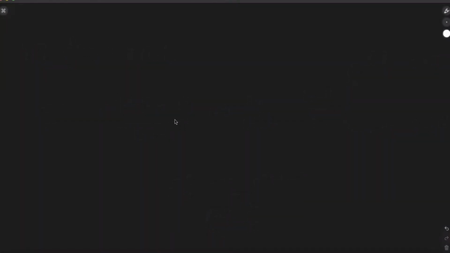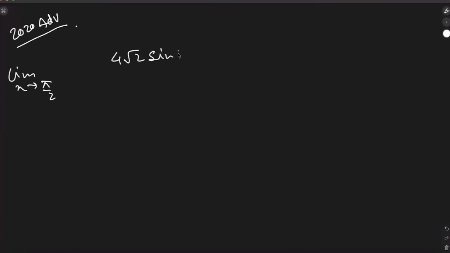And +4 in JEE Advanced. Okay. So moving onward, this is the question from 2020 Advanced. So limit x tending to, it is a lengthy question. In the numerator we have 4 root 2 times sine 3x plus sine x.